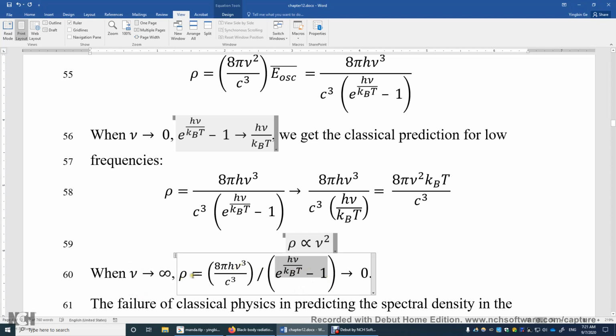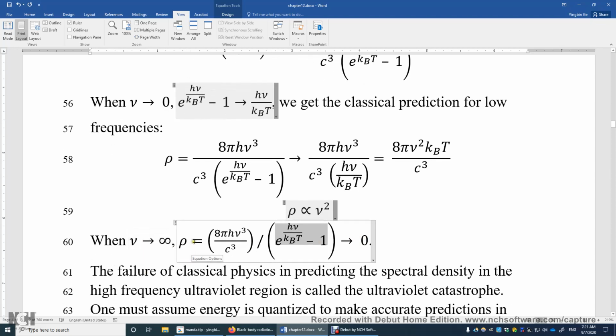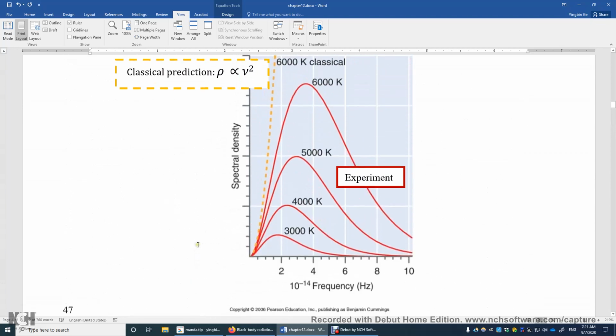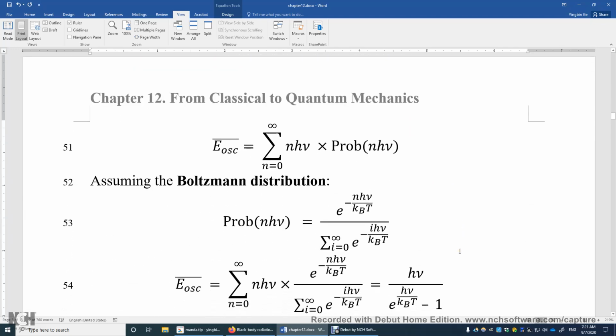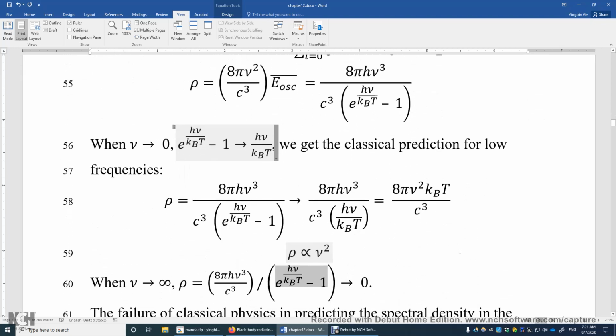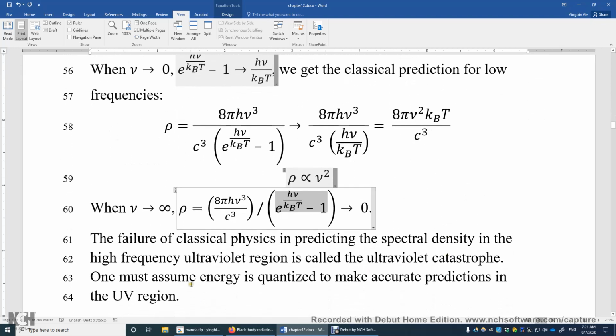And therefore, rho approaches 0 when frequency approaches infinity. So that solves the problem here. As frequency goes to infinity, rho should approach 0. And indeed, rho is approaching 0 based on quantum mechanical prediction here. All right, so that's nice.